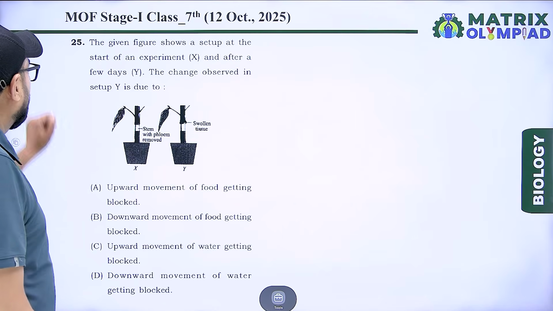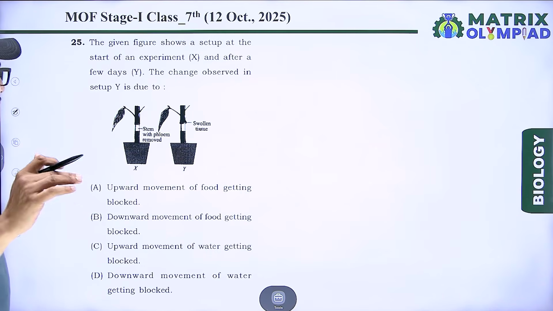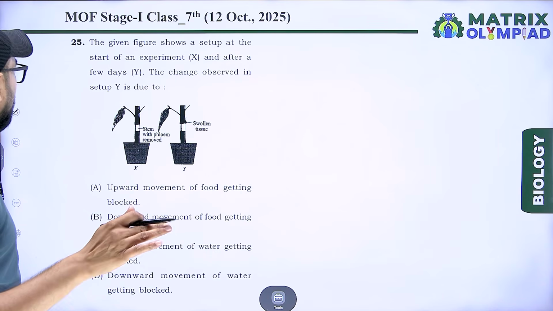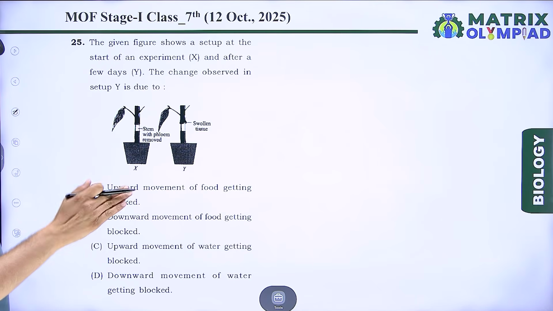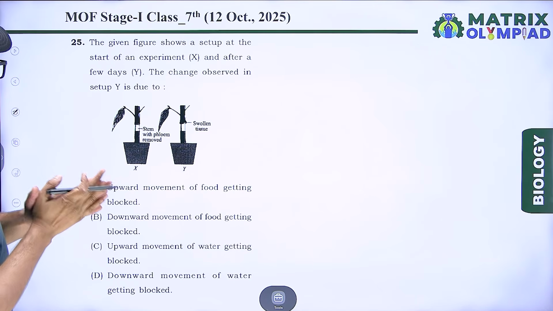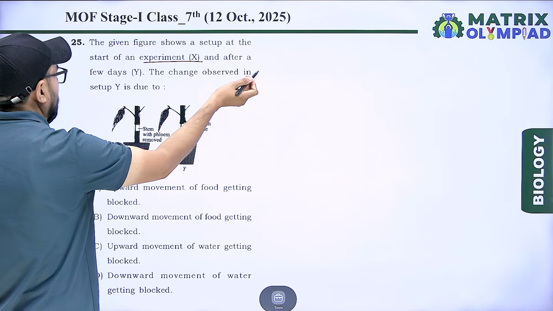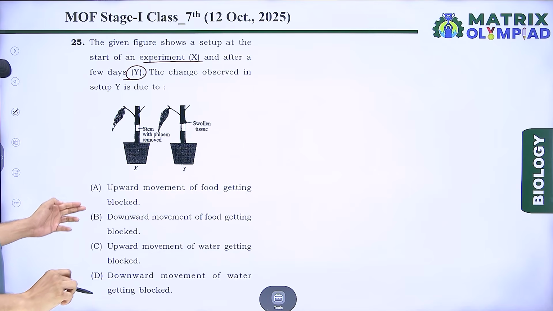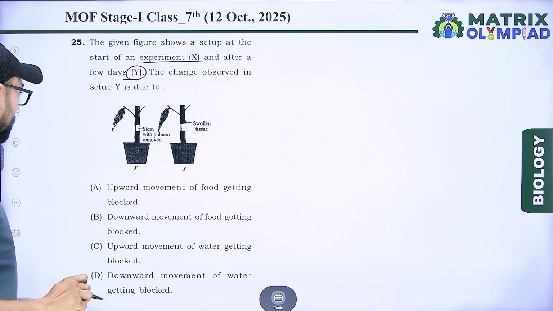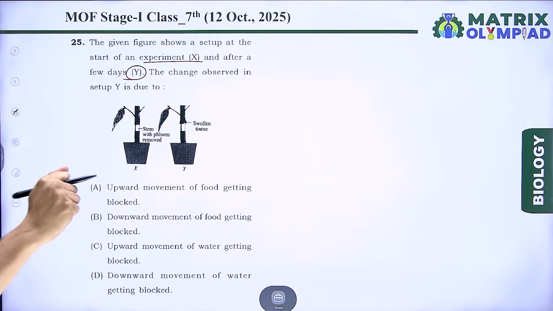Next, the given figure shows a setup at the start of an experiment X, and after a few days Y. The change observed in setup Y is due to. It means the experiment is X and the change is Y. Option A, upward movement of food getting blocked.